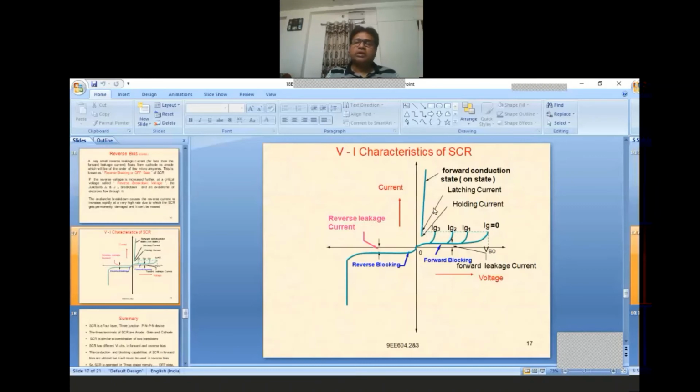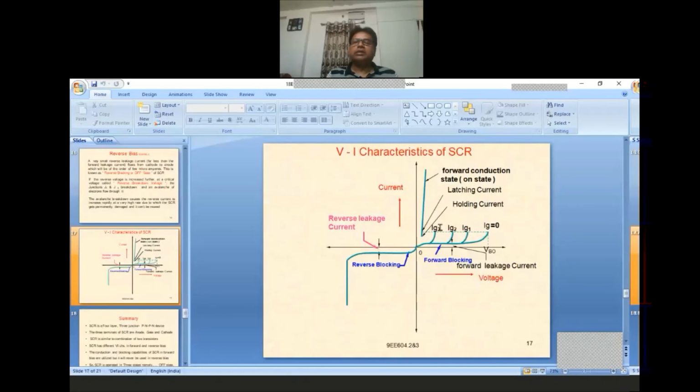When the forward current through the SCR becomes more than the latching current, it will be pulled into the conduction mode. Once forward breakover voltage is crossed, or when gate control is used, once after entering into the conduction mode, even if the gate voltage is removed, it will be maintained in the conduction state, that is latching current.